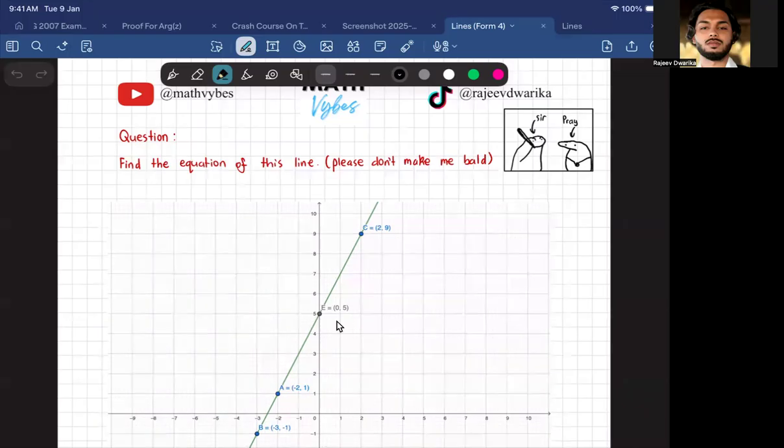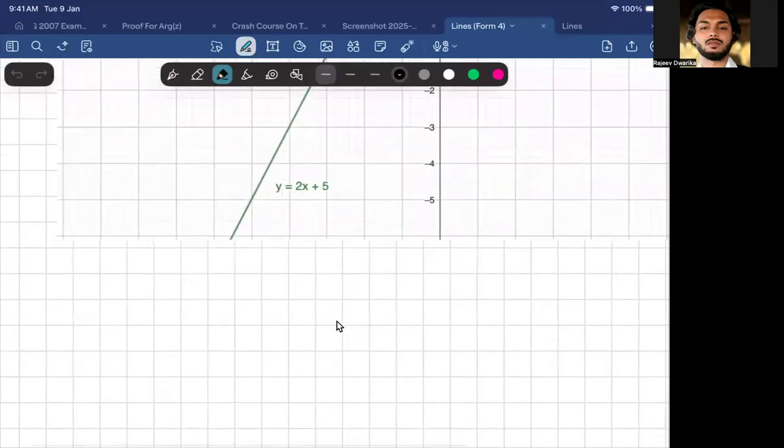The y-intercept is c. So in this question, they wanted us to find the equation of the line. Shayna, what's the equation of a line? Tell me fast. Shayna?